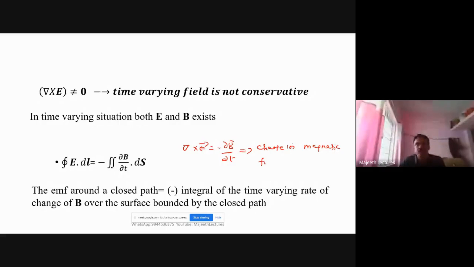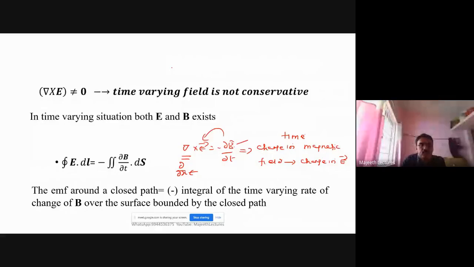Change in magnetic field creates change in electric field. You may ask, where is the change? Del is nothing but dou by dou x, change, right? Magnetic field varies with respect to time. The time varying magnetic field creates spatially varying, x is nothing but changing with respect to space. Time varying magnetic field will create spatially varying electric field. That's why this is very important. Right? So that's what we must know.